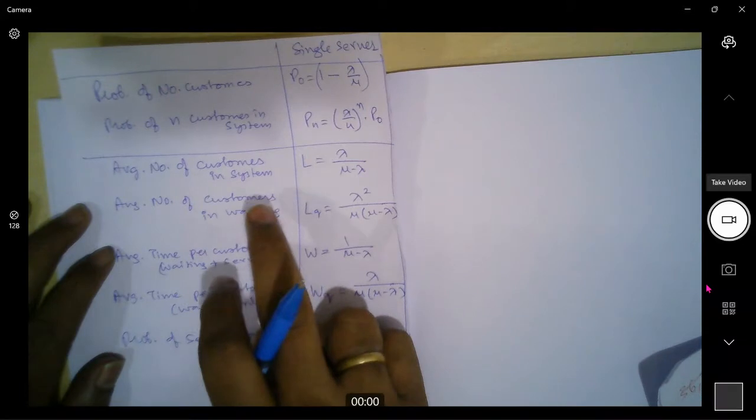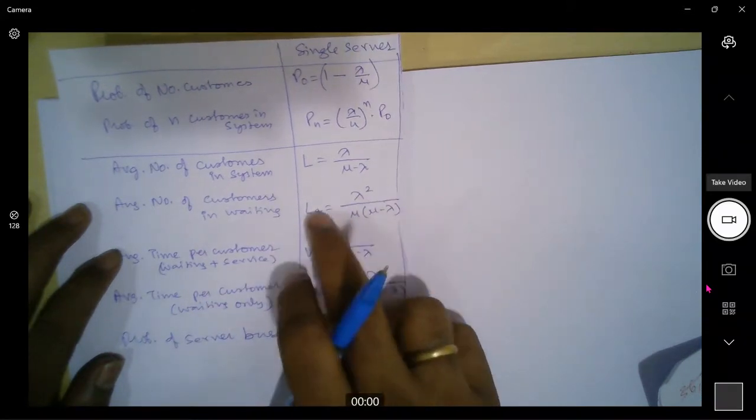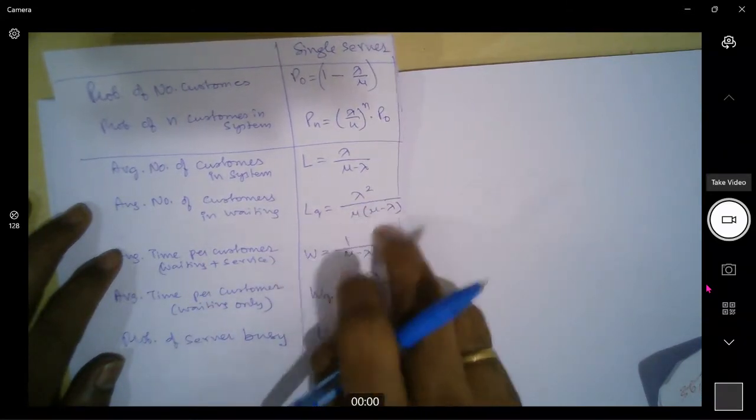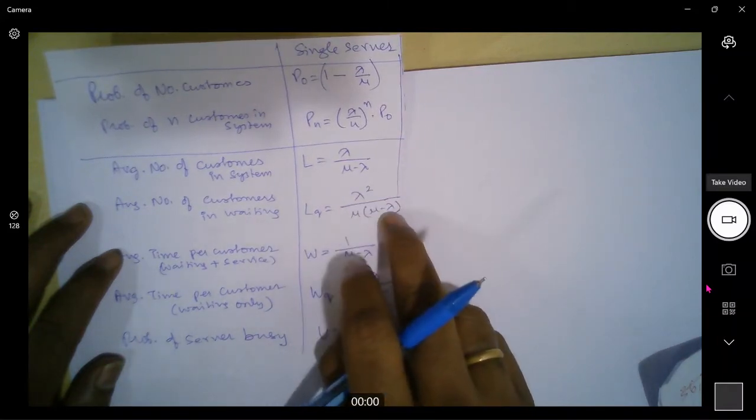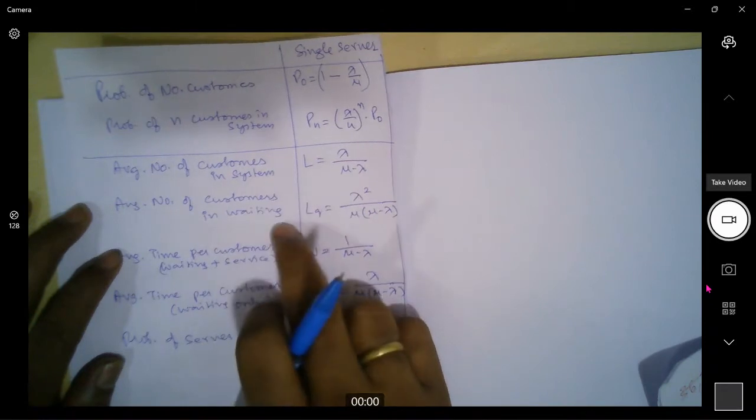Average number of customers waiting, that is, at any point of time how many customers on average are waiting, is basically the length of your queue. What is the difference between system and waiting?